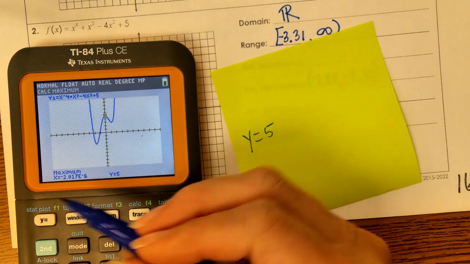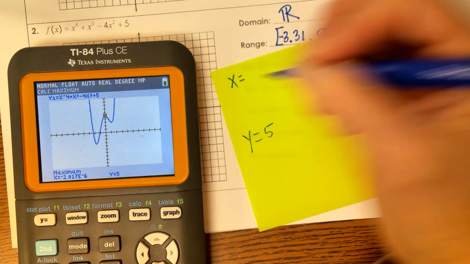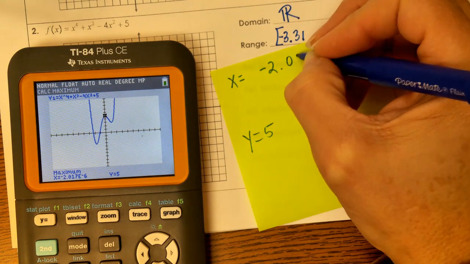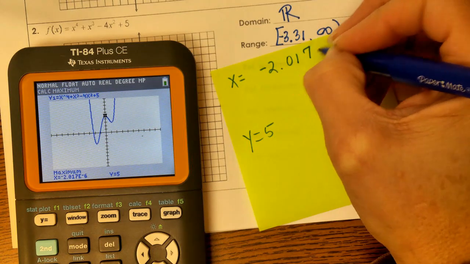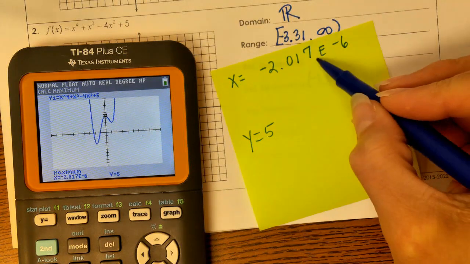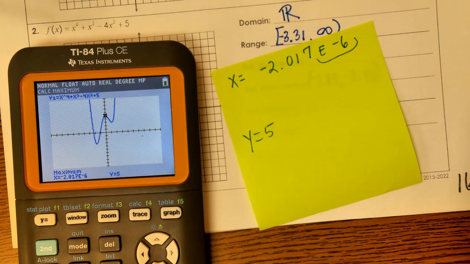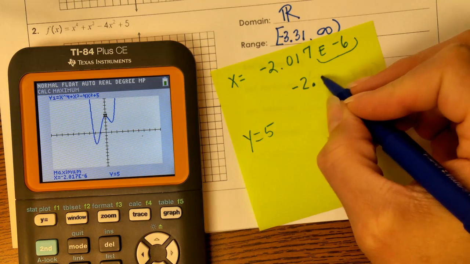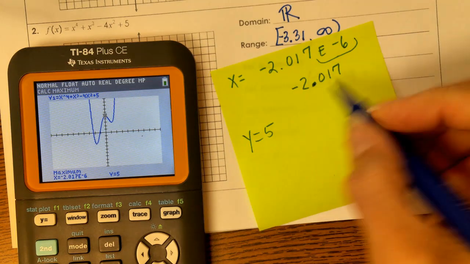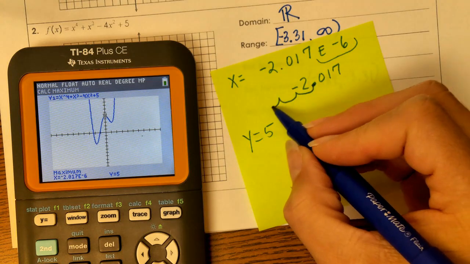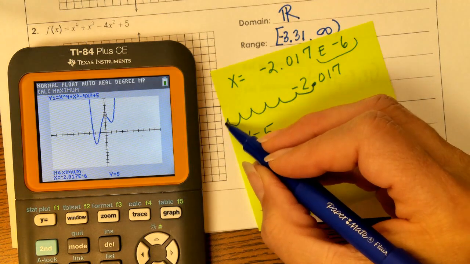But what is not clear to me is x, it says, is a negative 2.017 e negative 6. Now you need to recognize e negative 6 as scientific notation. What it does is it takes that decimal and it moves it 6 places to the left. 1, 2, 3, 4, 5, 6.